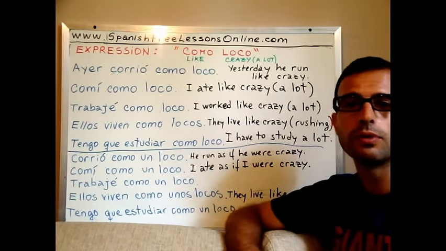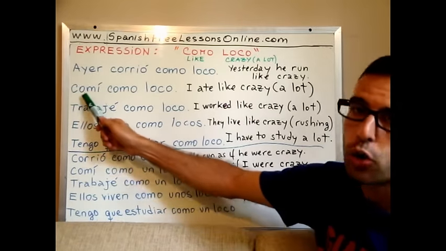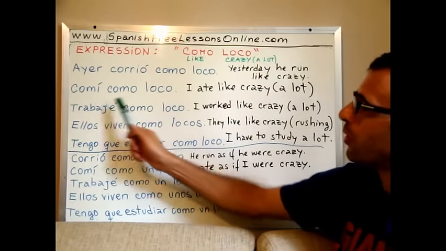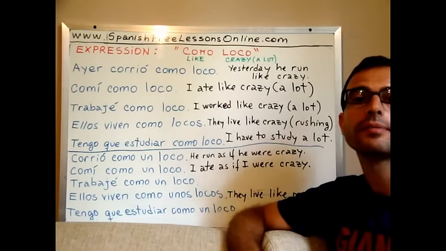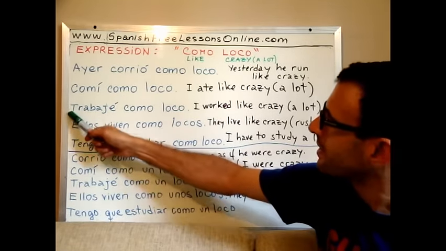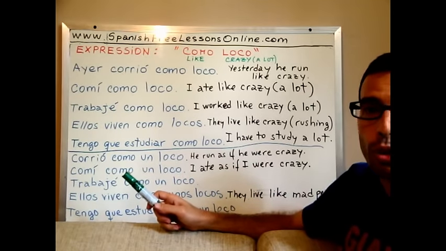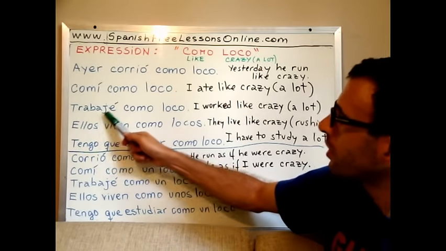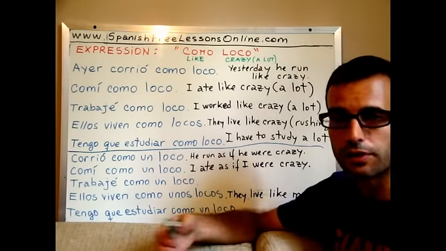This is very similar to the English, yeah? Comí como loco. I ate like crazy. I ate a lot, right? Trabajé como loco. I worked like crazy. I worked a lot, right?